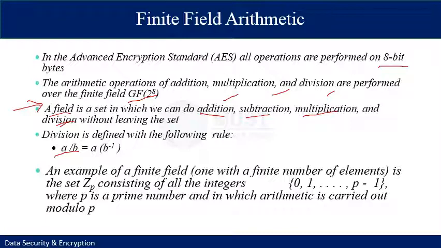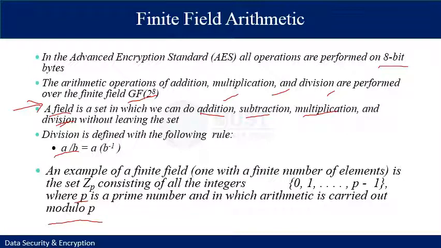Another consideration is that p must be a prime number; you cannot create a finite field of any non-prime number. And all the arithmetic, such as addition, subtraction, multiplication, and division, is performed using the modulus p.